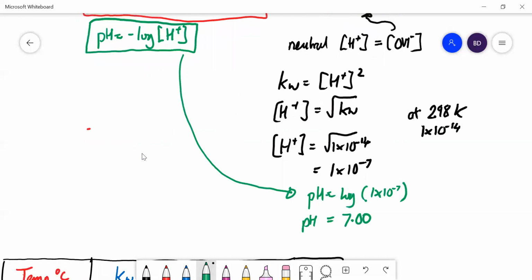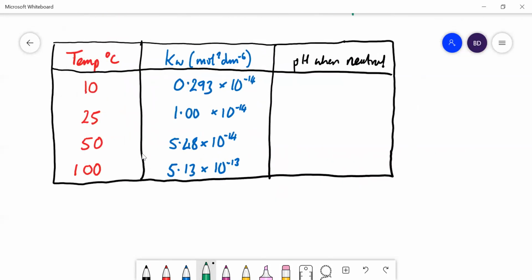Now, let's have a look at how the value of Kw changes with temperature. You can see that Kw is getting bigger as the temperature increases. At the highest, 100 degrees C, it's 5.13 times 10 to the minus 19. So how are we going to work out the pH?